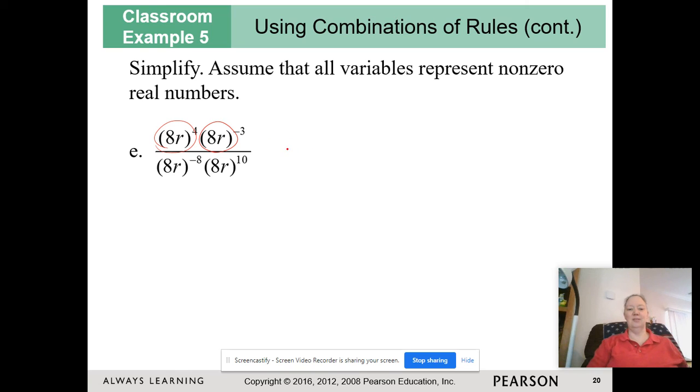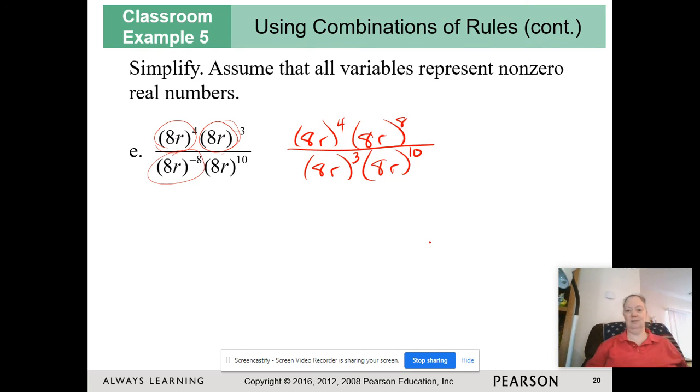So I'm going to leave this 8R to the 4th, and I'm going to bring this down. I'm going to bring this up. So 8R to the 8th, 8R to the 3rd, 8R to the 10th.